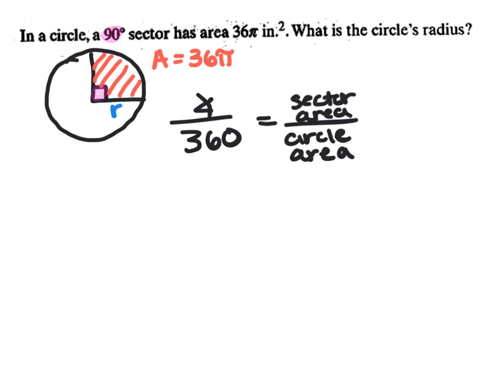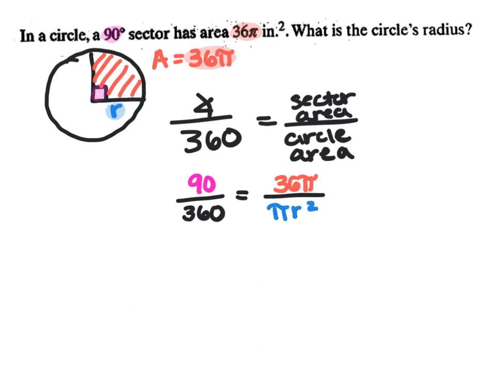So if I set up my proportion, I'm going to have 90 in the numerator over 360 equals the area of the sector, which was identified as 36 pi, and then the area of the circle, which we don't know, but using the radius, we know that it should be pi r squared.